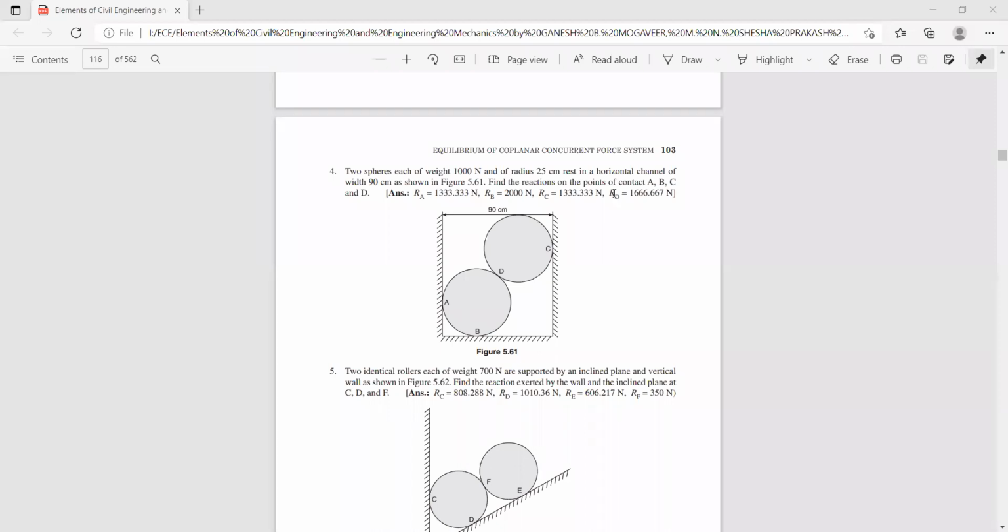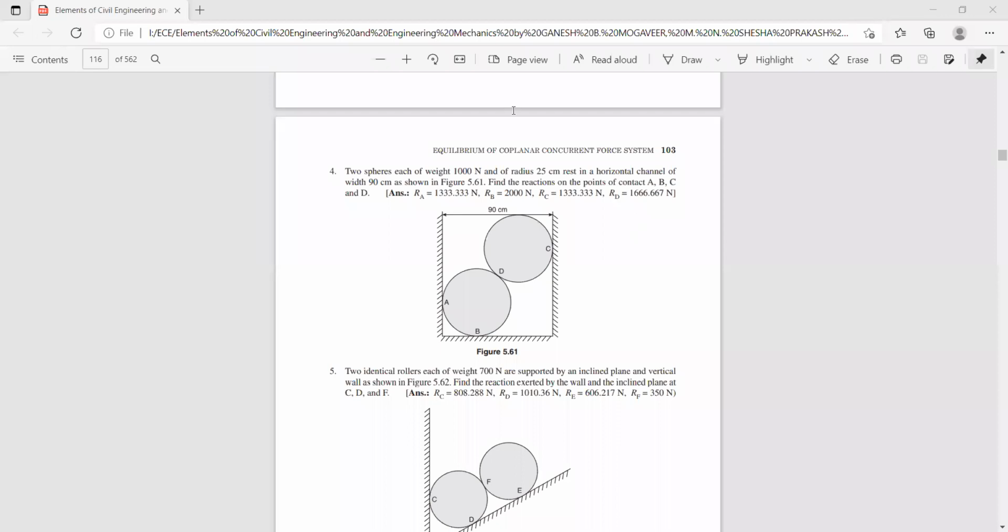How much? 1000 divided by 0.59. Correct. We get 1694 something.